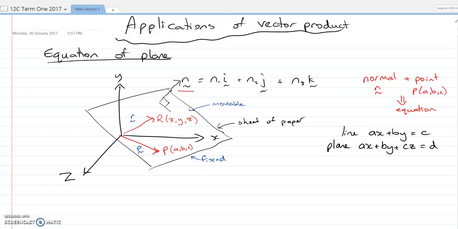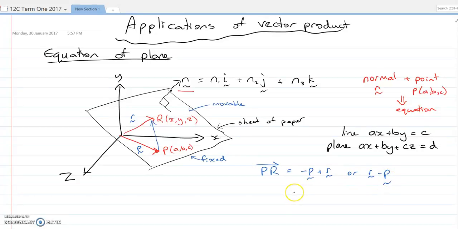Between this point P and R, we can make a vector P to R. Let me draw that in here. P to R is a vector, and if you remember vector notation, that would be the same as going backwards on P, or negative P plus positive R, or just r minus p.